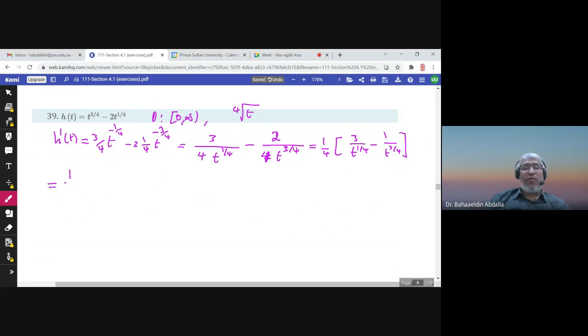So I will have 1 over 4 and then as usual multiply t to the power 1 over 4 times t to the power 3 over 4. You add the powers. 3 over 4 plus 1 over 4 is 1. And then I'll have 3 t to the power 3 over 4 minus t to the power 1 over 4.